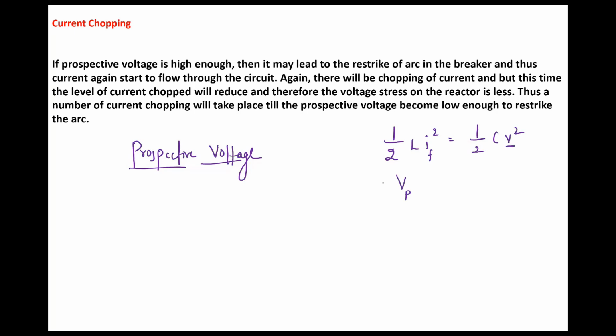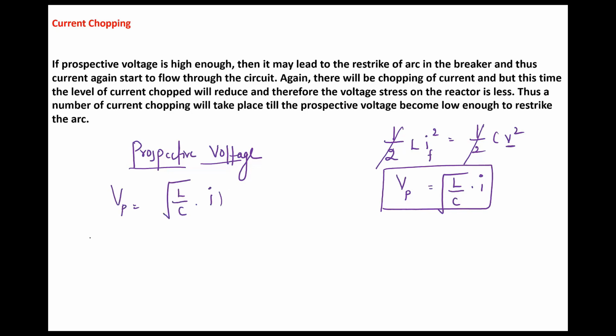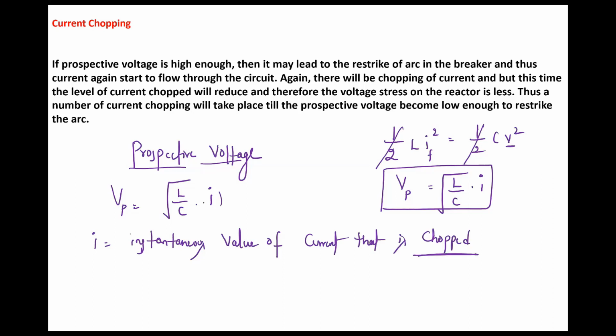So the prospective voltage becomes, cancelling the half, square root of L by C into I. So prospective voltage Vp is given by square root of L by C into I, where I is the instantaneous value of current that is chopped.